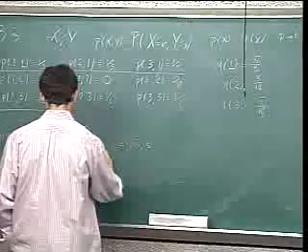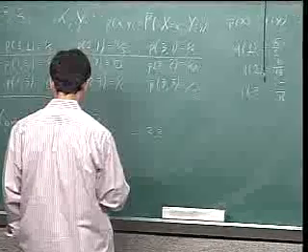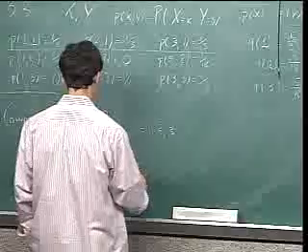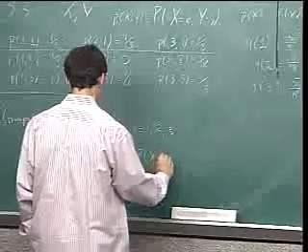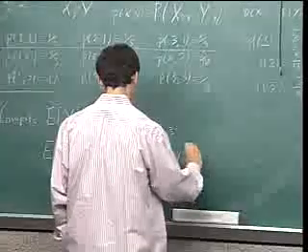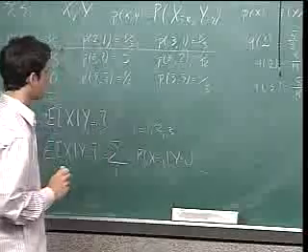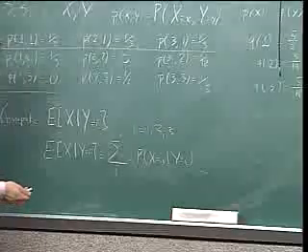This is the sum over all j, so this is the definition of this conditional expectation.